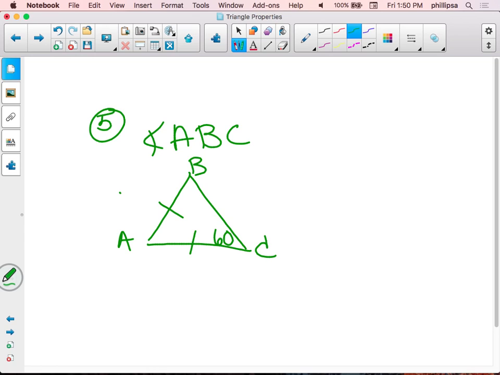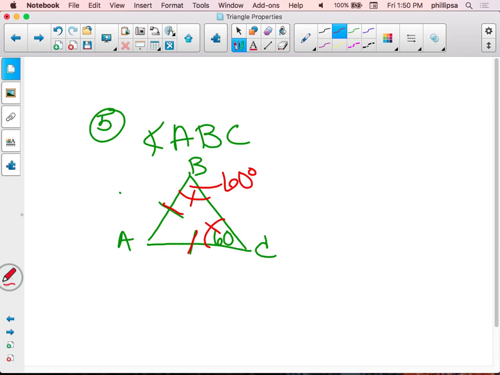So what's the measure of angle ABC? Yeah, it's 60, right? Because what I just found out is that if I have two congruent sides, the angles across from them are congruent. So that means that has to be 60, which means what kind of triangle is this? It has to be an equilateral, right?